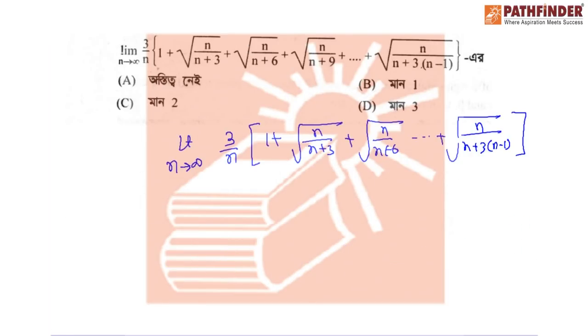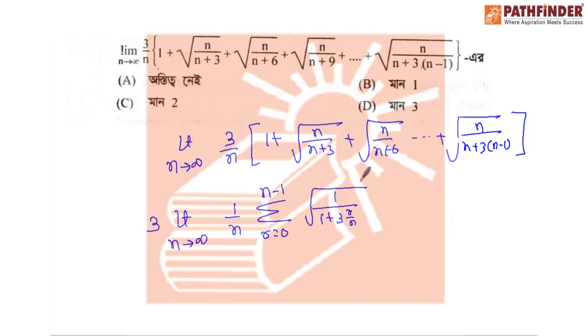Now this one can be written with the 3 taken out: 3 times limit n tends to infinity of 1 by n, and then as a sigma, r varies from 0 to n minus 1, root over of 1 by 1 plus thrice of r by n.